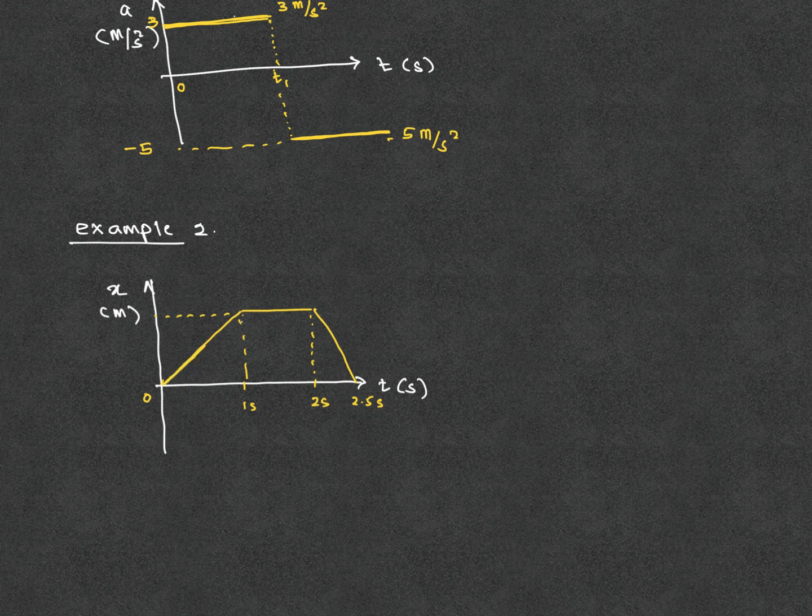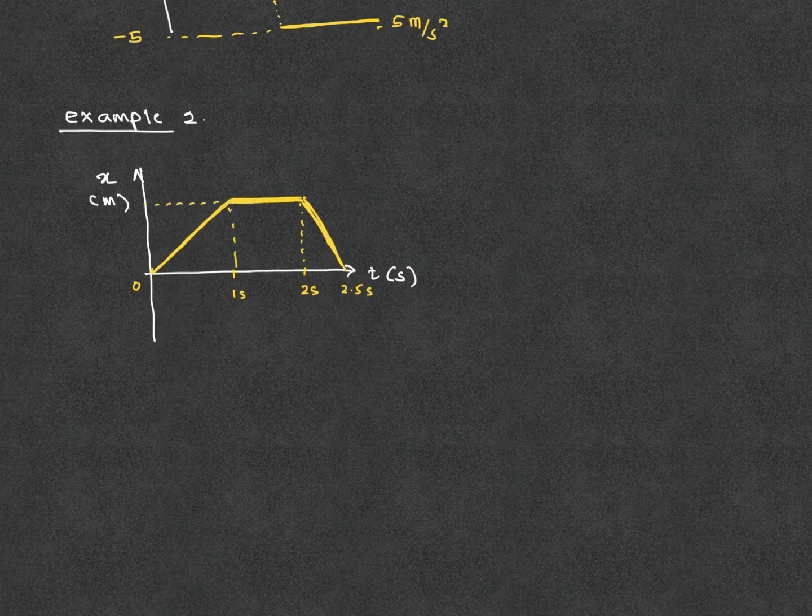Here you have a flat line, meaning flat slope. Therefore, there is no motion or zero velocity. And here you have a negative slope, which represents a negative velocity.